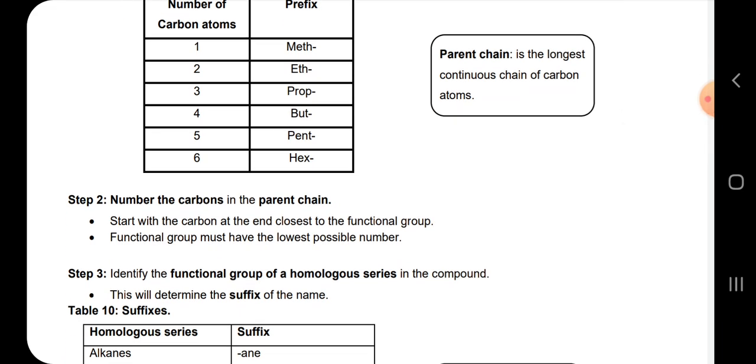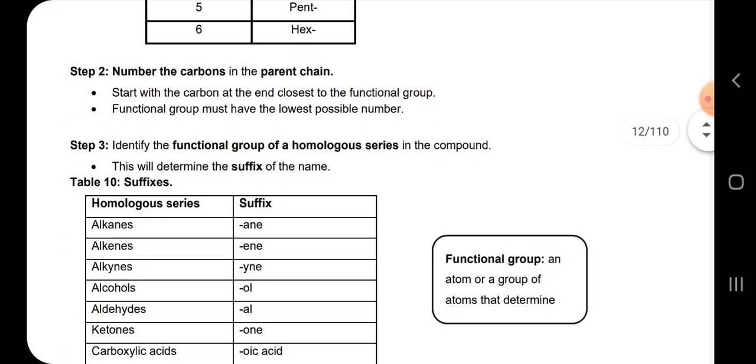Start with the carbon at the end close to the functional group. If you watched my previous video on functional groups, you will know what a functional group is. The functional group must have the lowest possible number.